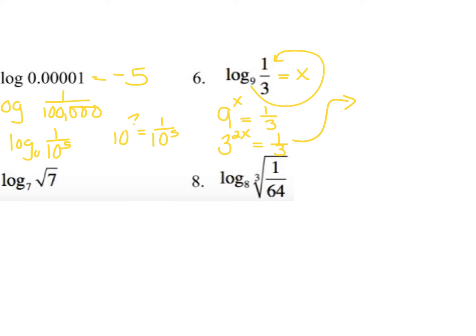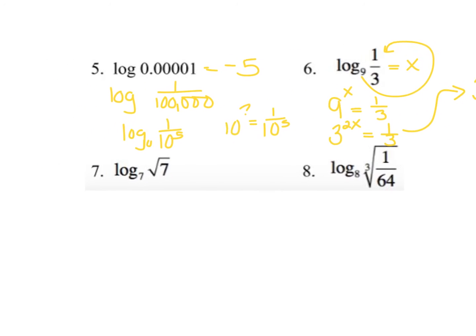And continue over here. So I really have 3 to the 2x, and 1/3 is 3 to the negative first. And now I can just look at my exponential expressions because they've got the same base. What I really have here then is 2x is equal to -1. Therefore, x would be -1/2. So log base 9 of 1/3 is equal to -1/2.